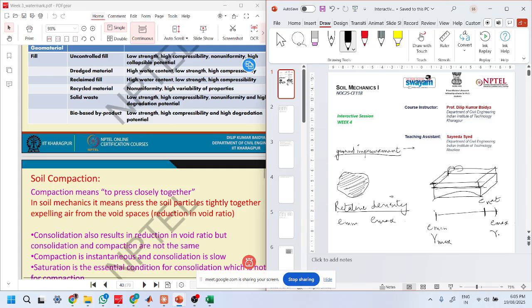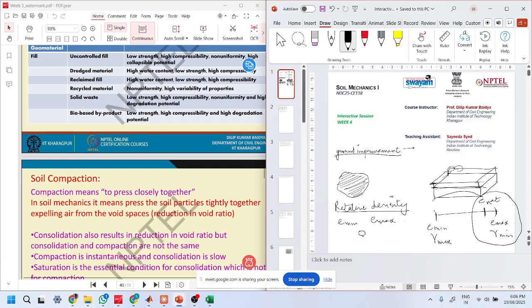I want to influence this, because what I will do is try to reduce the void ratio.